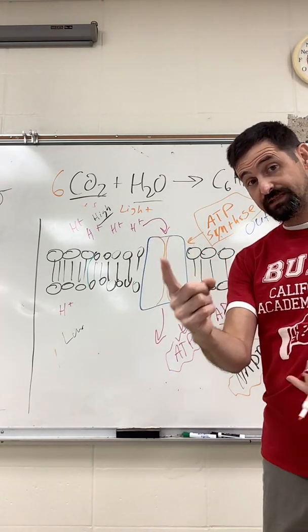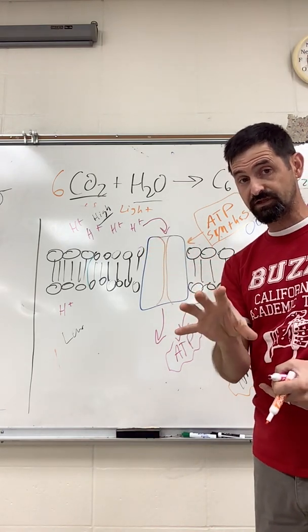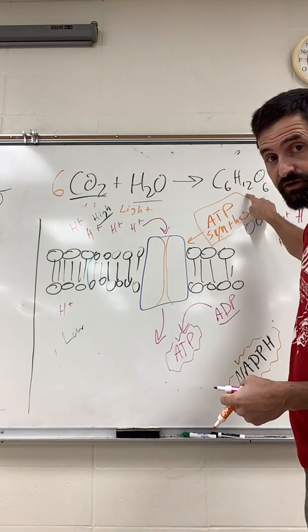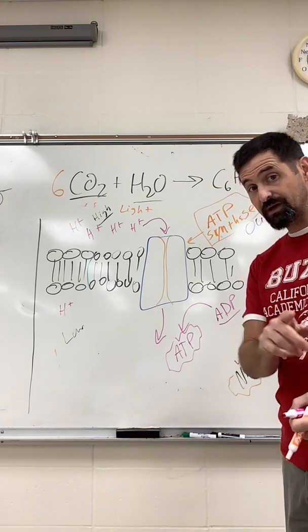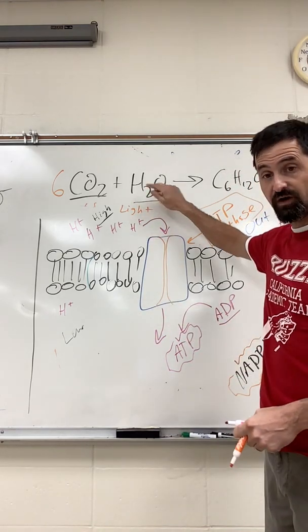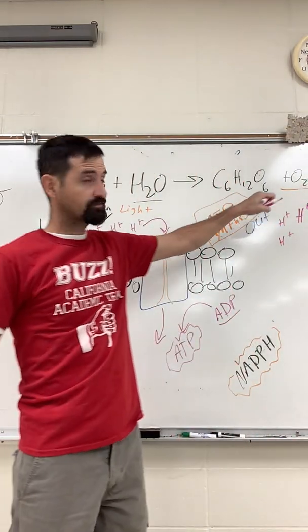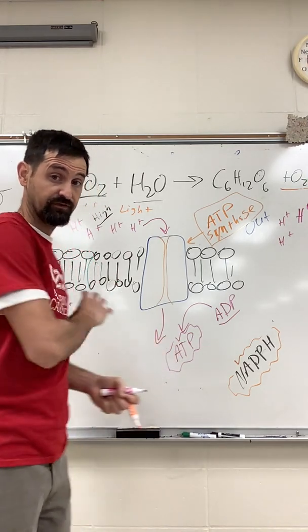So we get both ATP and NADPH being produced. Both of those are holding energy. We're going to use those to hook together our sugar up here. We're not there yet, and we'll look at that next time. Keep in mind, the only thing we've used so far is this hydrogen. We haven't touched our carbon, and we haven't made any sugar, but we did make our oxygen. Our oxygen is a byproduct of this process.